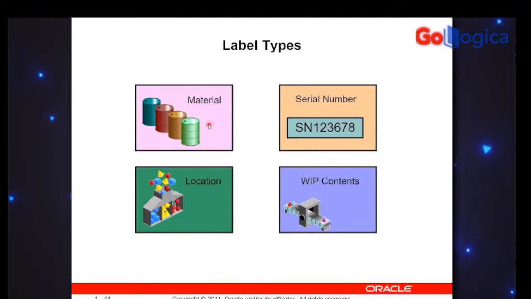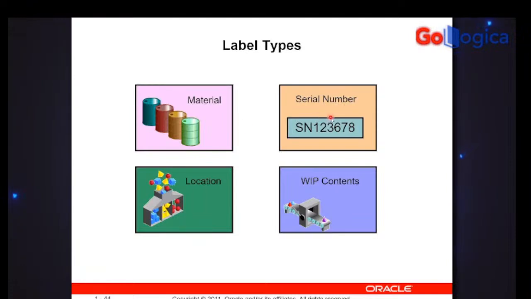So what are the label types here? We have the material label type, serial label type, location label type, web contents. There are a lot of seeded label types defined by Oracle. In the label types you will have different fields. For example, in the material label type you will have the item number, org, and n number of fields.